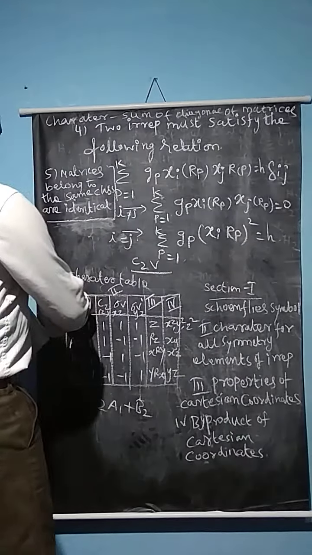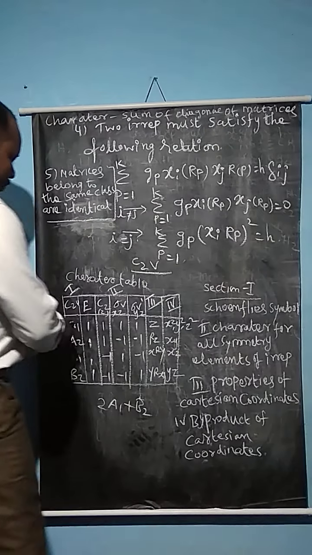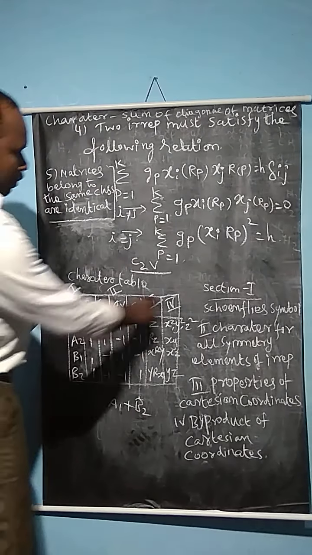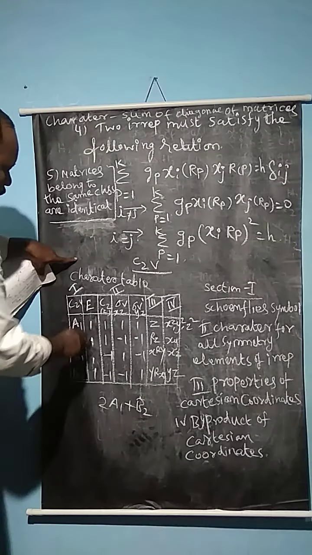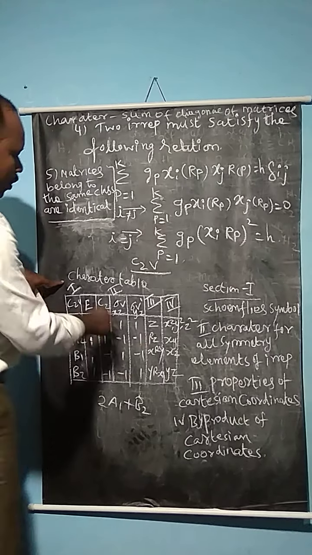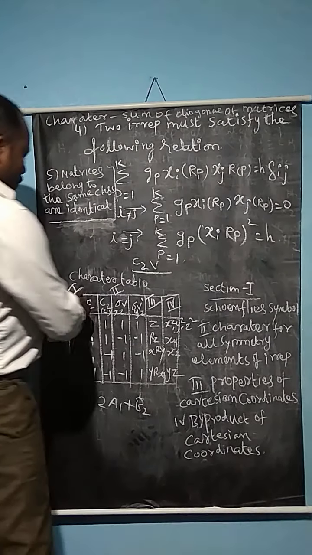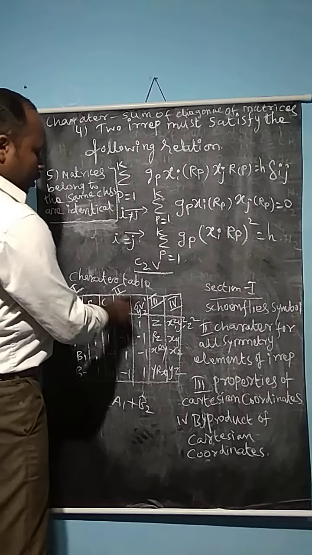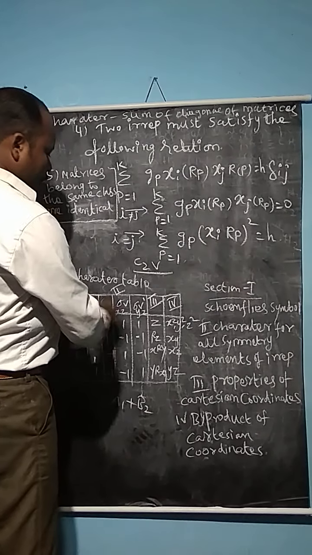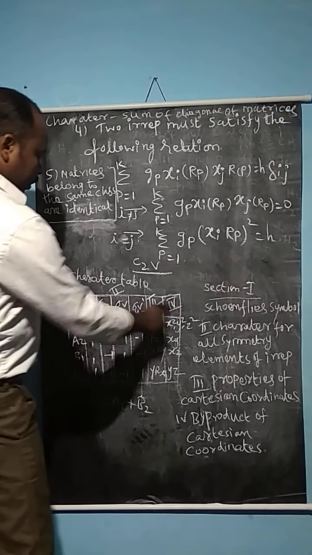So here the C2v point group for the water molecule, I have written just the formula. Here C2v has 4 symmetry elements. So here the table has columns: first one, second one, third one, fourth one. The table contains 4 sections.